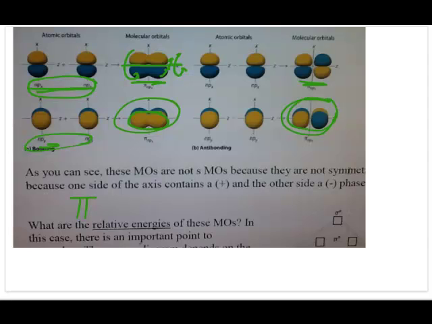Same thing right here, okay? But what you get is you get these pi 2p orbitals, and you get two of them that are bonding, and you get two pi 2p star orbitals, okay? So in total, for the second period elements, these are the orbitals you're going to get.